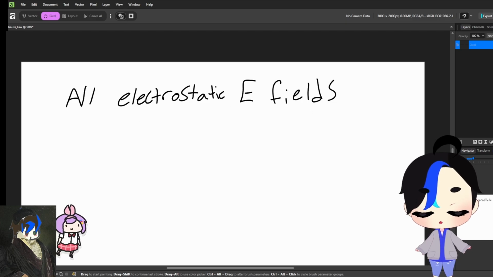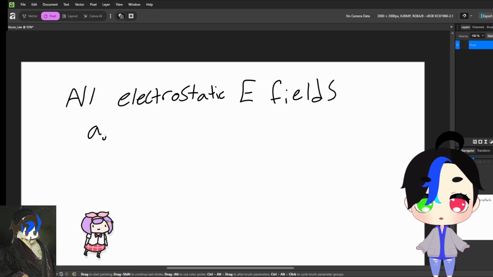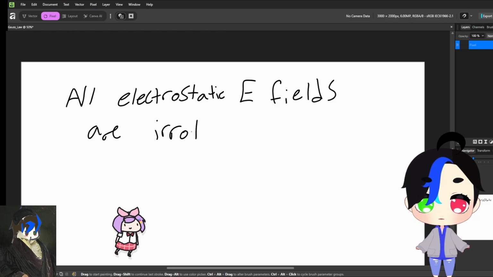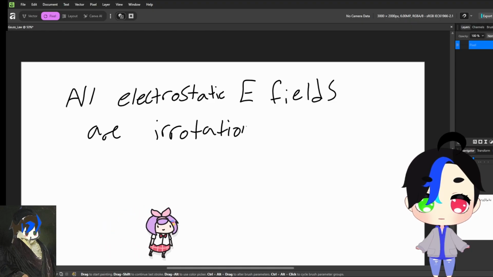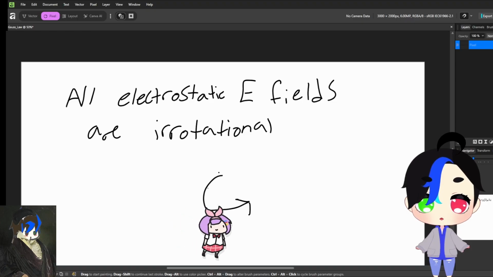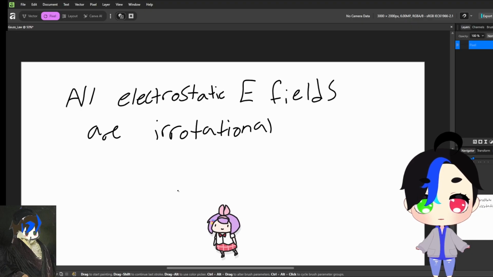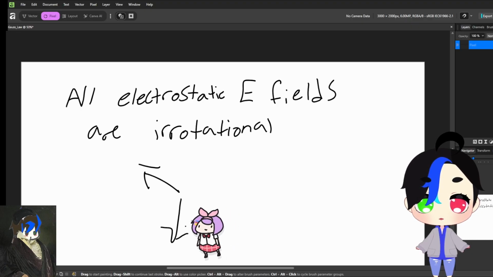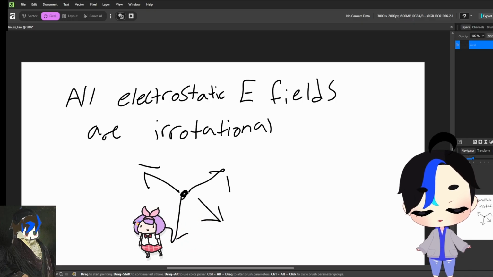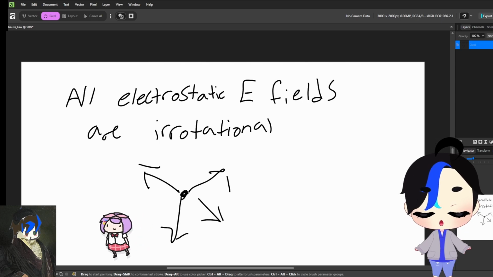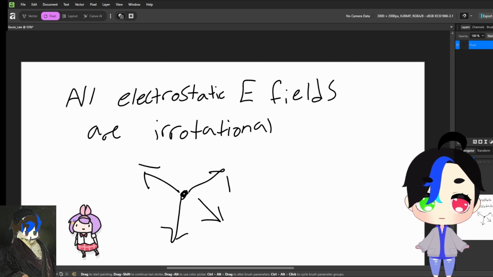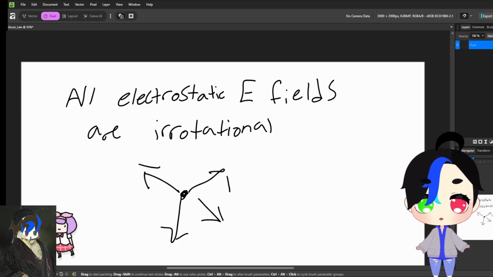So any electric field generated by a stationary charge distribution is irrotational, meaning it does not curl at all, because as per Gauss's law, as we found out, all electric field lines flow towards or away from the charge distribution. And that wraps up the divergence and curl of E fields, which includes Gauss's law and Gaussian surfaces.